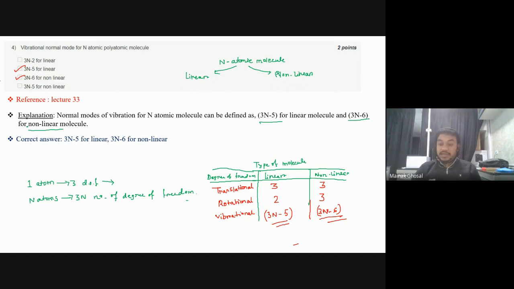But in the case of a non-linear molecule, since all the atoms are not in a single line, all the rotational degrees of freedom will be there. So 3 degrees of freedom will be there for rotation in a non-linear system. But for a linear system, only 2 motions are there. 1 motion is restricted.